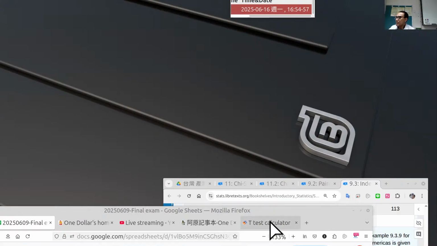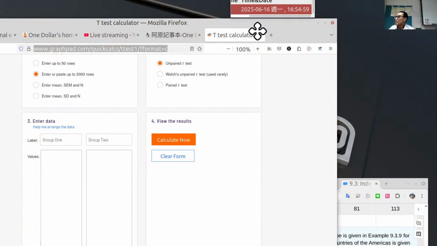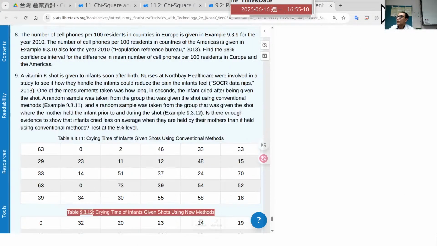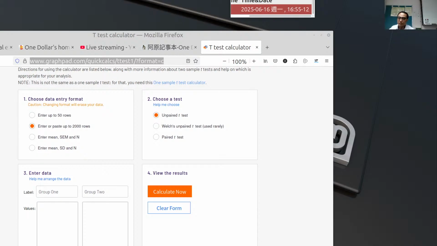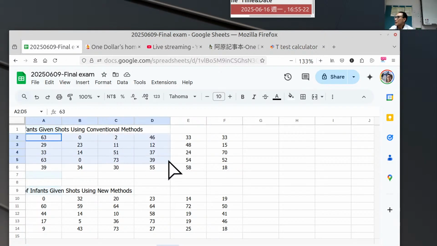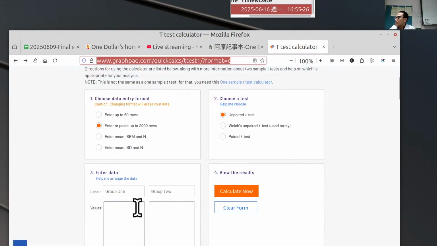We can use the same website, enter or paste up to 2,000 rows, unpaired t-test. The first one, conventional method, copy and paste.